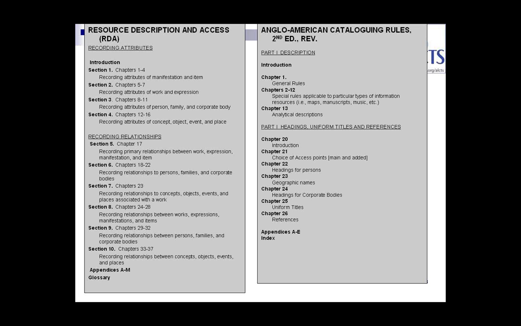The remaining sections, sections 5 through 10, deal with recording relationships, primary relationships between work, expression, manifestation, and item, and also the Group 2 entities of FRBR, persons, families, and corporate bodies, as well as some of the subject entities, the relationships to the concepts, objects, events, places associated with the work. And of course, there are still very similar appendices, and there's a glossary as well with RDA.